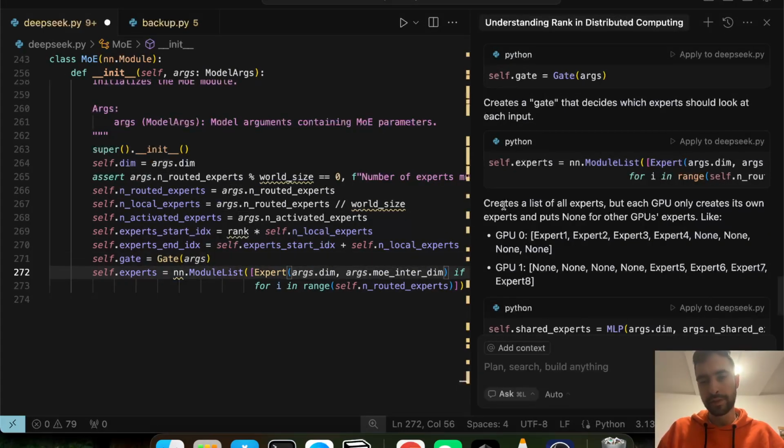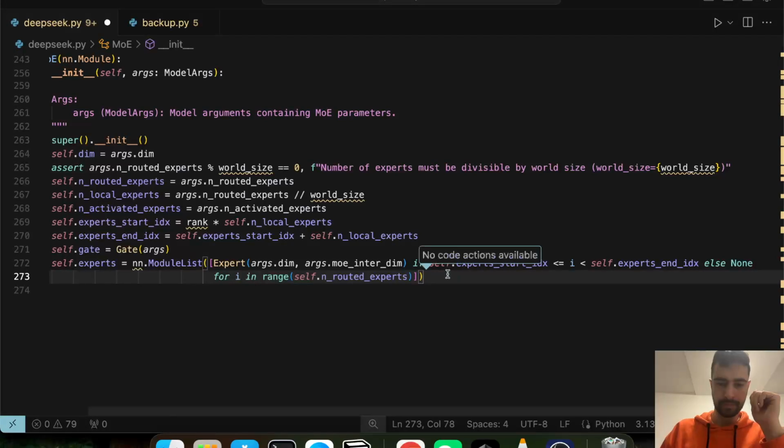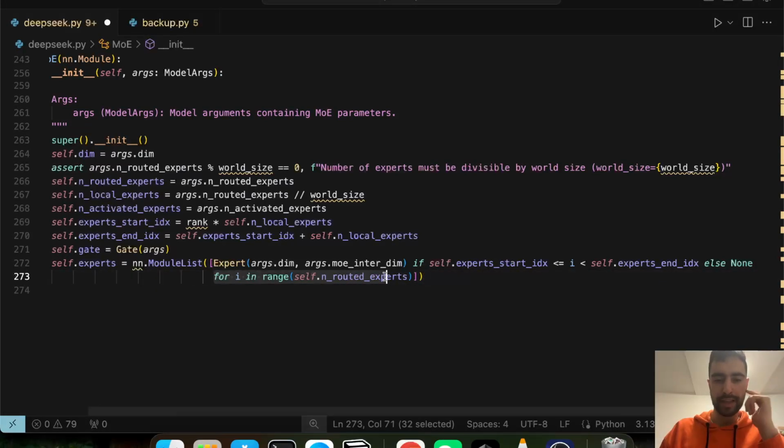So it creates a list of all experts, but each GPU only creates its own experts and puts none for other GPUs' experts. Like GPU 1 creates these experts but puts none for other experts. So for i in number of routed experts, it's gonna create an expert if i is between expert start index and expert end index, or otherwise it's gonna say none.